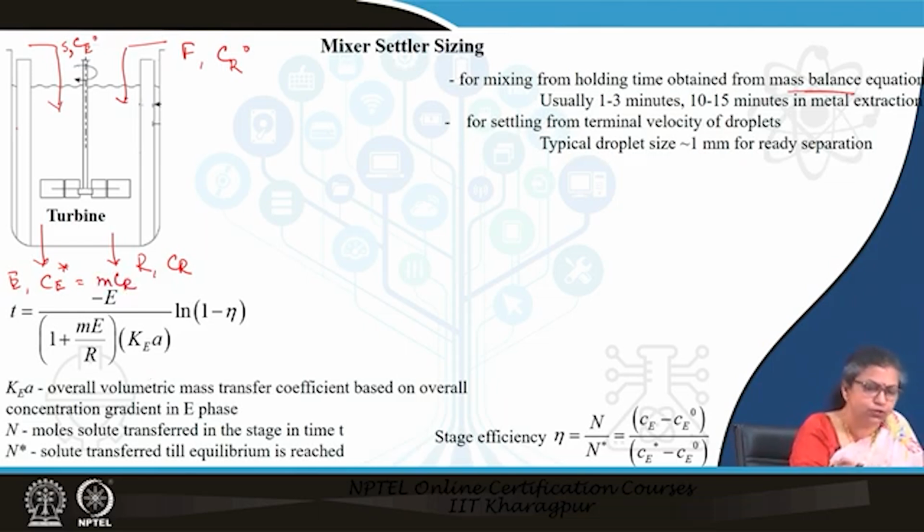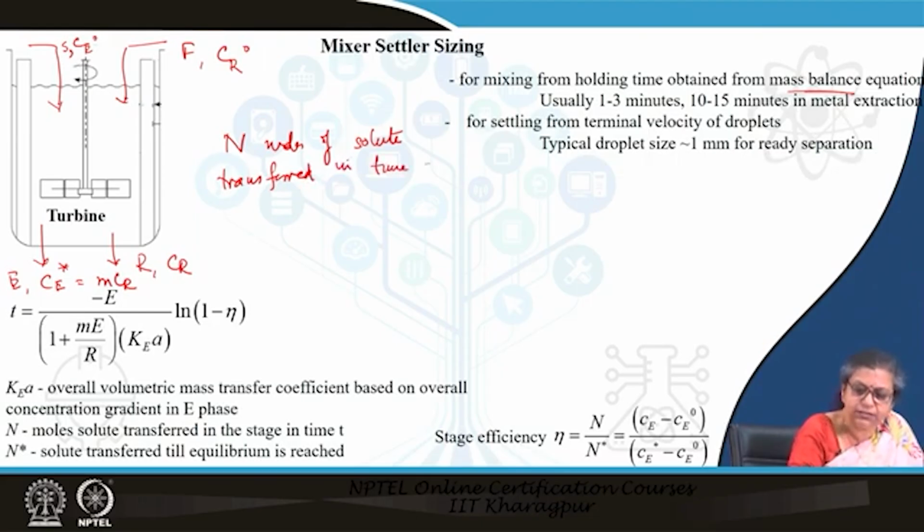Now, during this holding time, if we can assume that n moles of solute are transferred in time t from the raffinate R to the extract E, with this n moles of solute transferred, what happened?